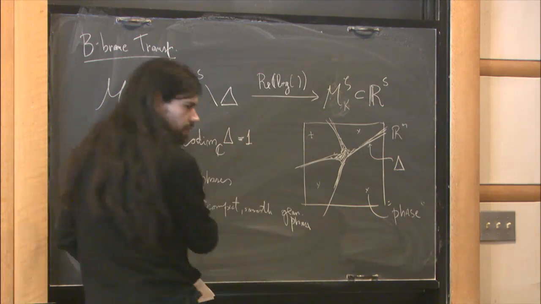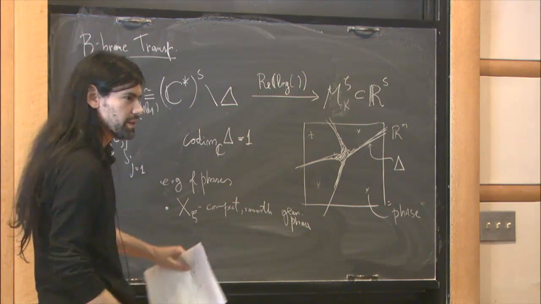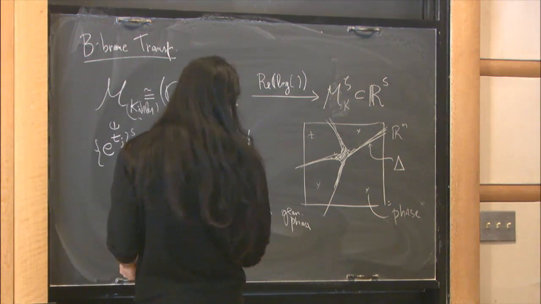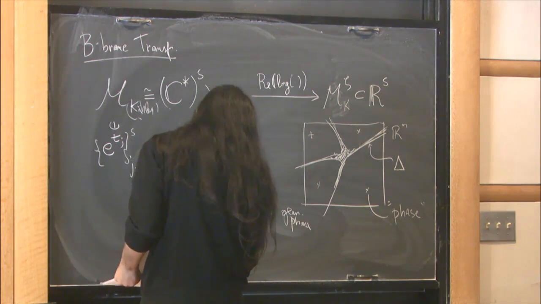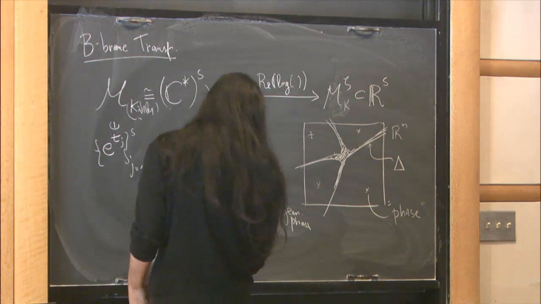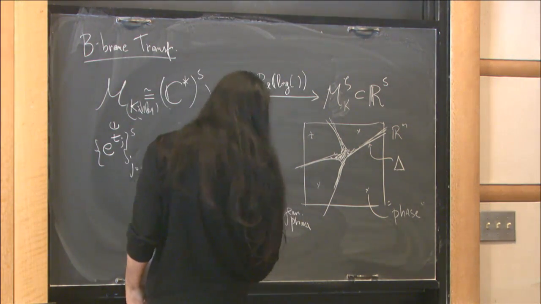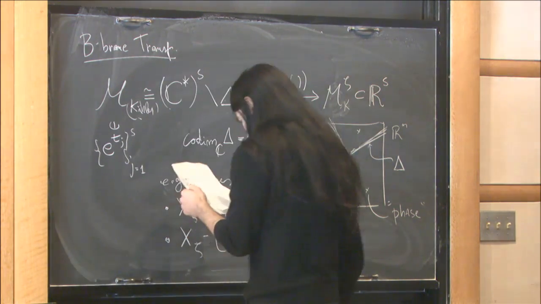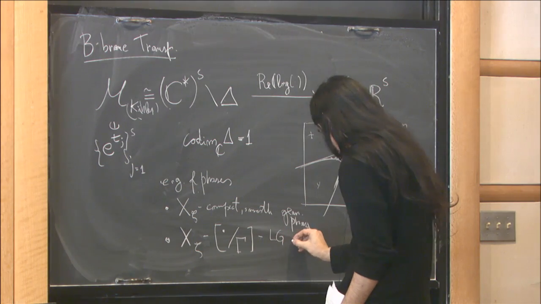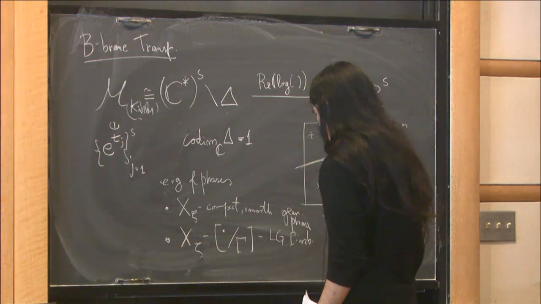You can analyze everything around that point by thinking of a sigma model with this target space. But not in every region will this be so nice. In some cases this can reduce to just a point modulo some discrete subgroup of G. These are usually identified with Landau-Ginzburg orbifold phases.